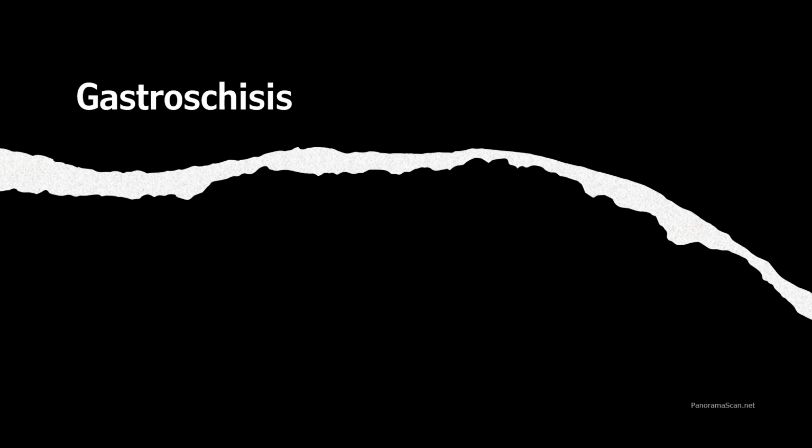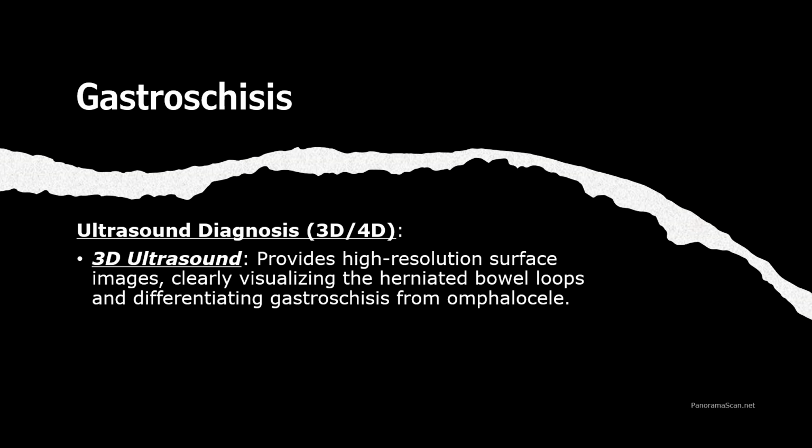When diagnosing gastroschisis, ultrasound imaging plays a crucial role in distinguishing it from other abdominal wall defects, such as omphalocele. Using 3D ultrasound, we can obtain high-resolution surface images that can vividly highlight the herniated bowel loops.